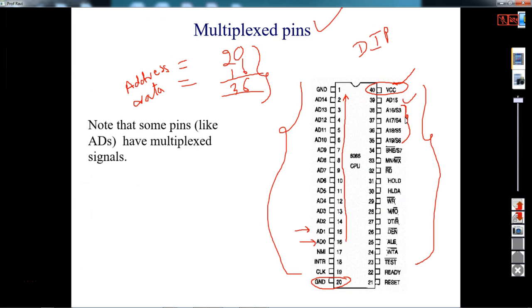These are the address pins, but they are multiplexed with the data pins. That's why it is AD, address and data, both. These pins can be used to carry address and data. This is called multiplexing.